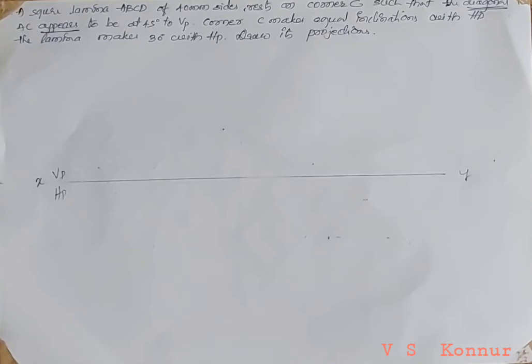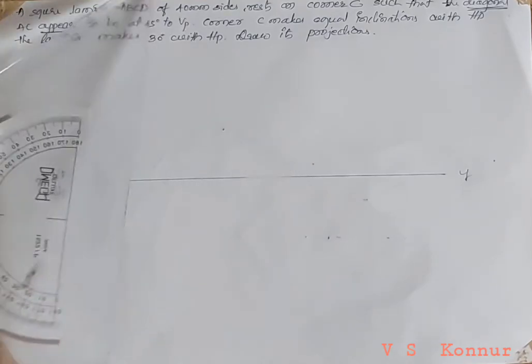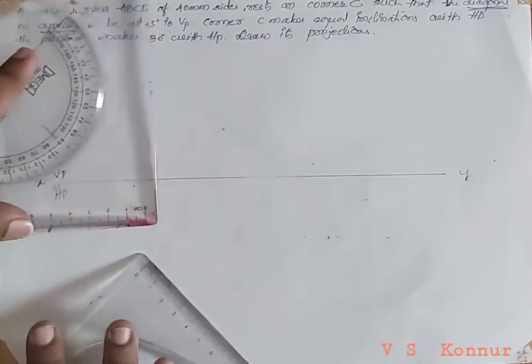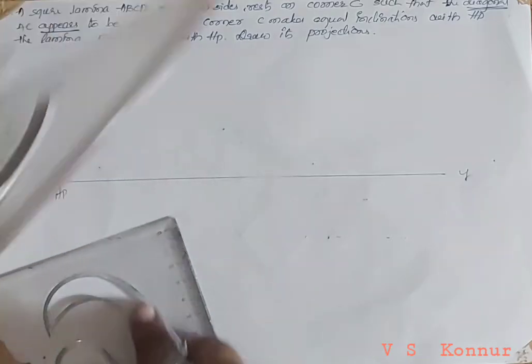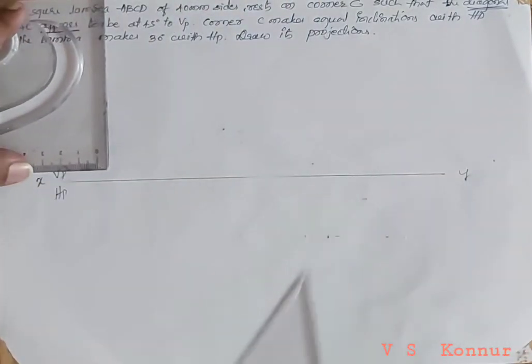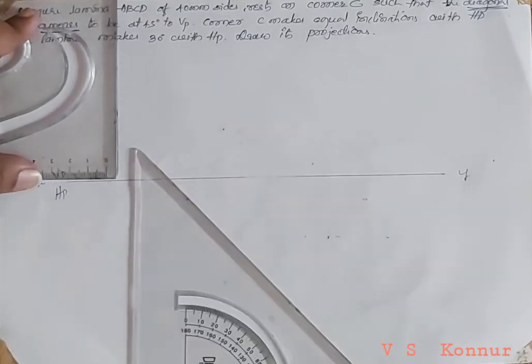ABCD of 40 mm side, which is resting on one of its corner. So we will construct. Parallel to this, we'll construct here a vertical line.